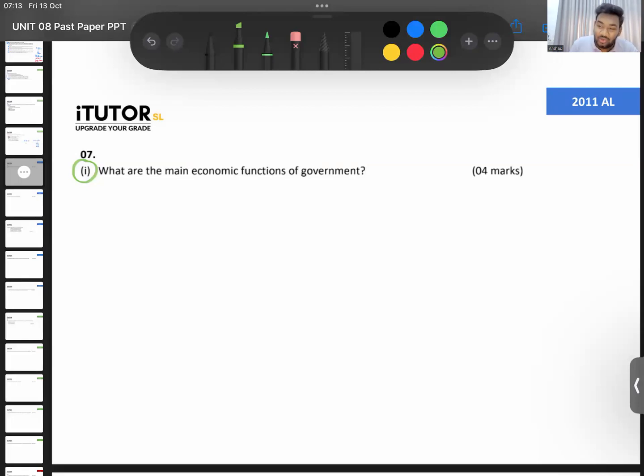The government's role is, number 1, ensuring efficient allocation of resources. So this is the main role of the government.